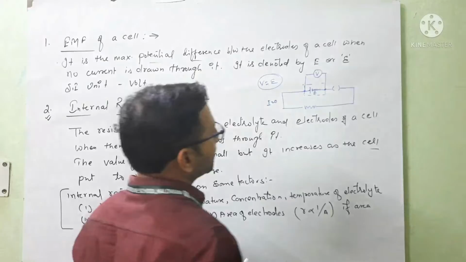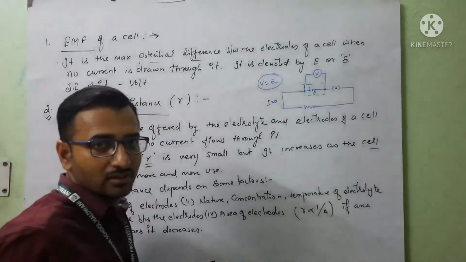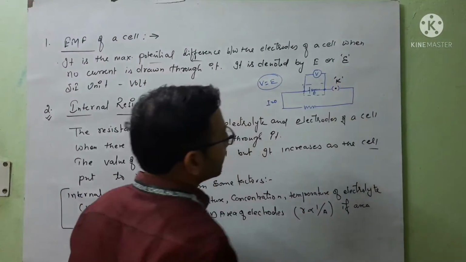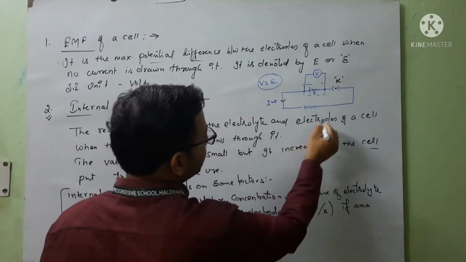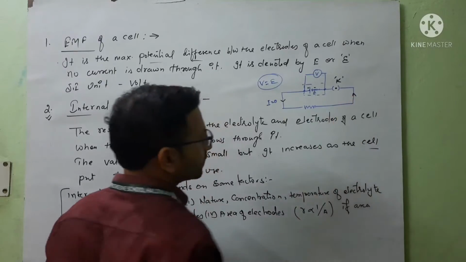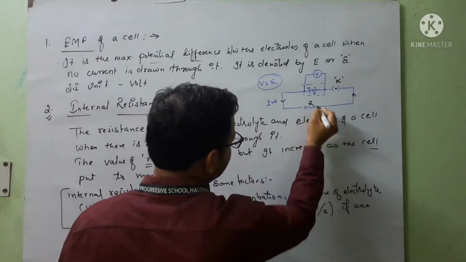But when we close the circuit by closing the key, this is our positive terminal of the battery, this is negative. Then current will flow through the circuit, and R is the external resistance.